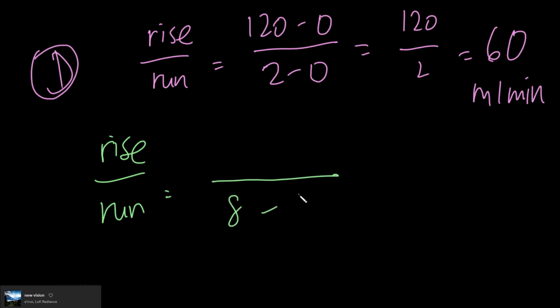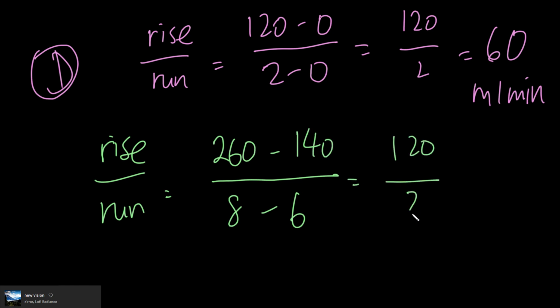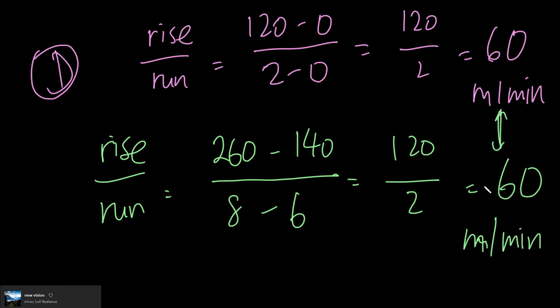We end at 260 meters, and we started at 140. 260 minus 140 here is 120. 8 minus 6 is 2. Therefore, 120 divided by 2 is 60. So we have these two slopes that are the same, which means this statement is true, which means my answer here is D.